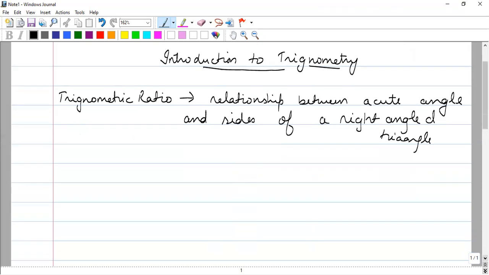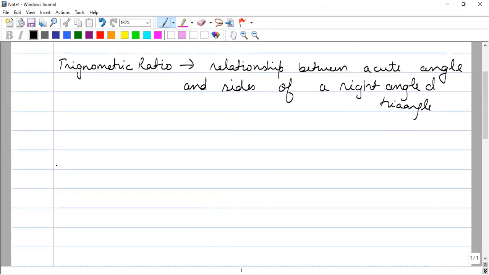Therefore, we come to know that trigonometry will be applicable in a right angle triangle.